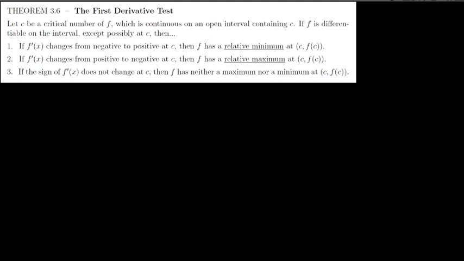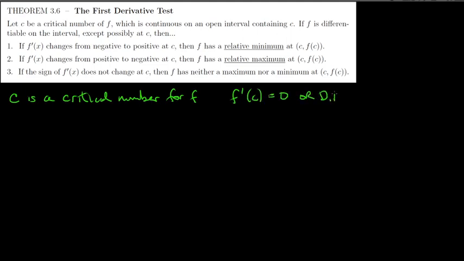So we have c is a critical number for your function f. And remember what that means. It means that the derivative of f at c is either 0 or it does not exist. Either way, it's a critical number. Right? On some interval containing c, right? So here's the picture. Here's your c. Let's say from here to here is your interval.